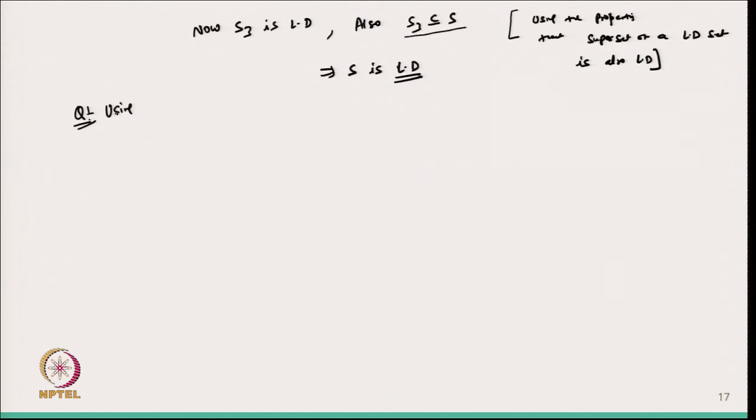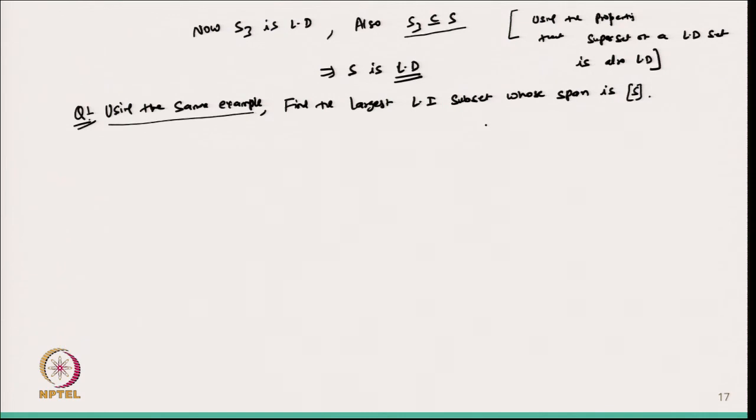Using the same example, find the largest linearly independent subset whose span is equal to the span of S. Okay. So, for the calculation, let us take S as the first 4 elements.